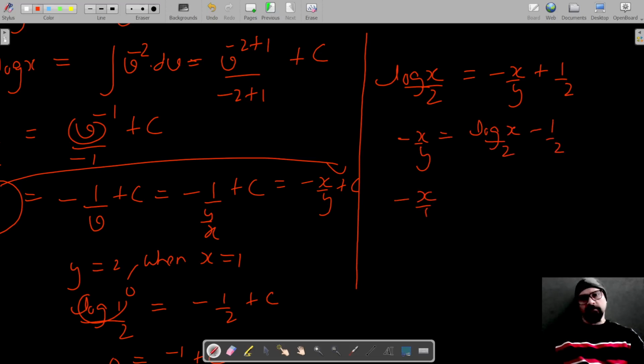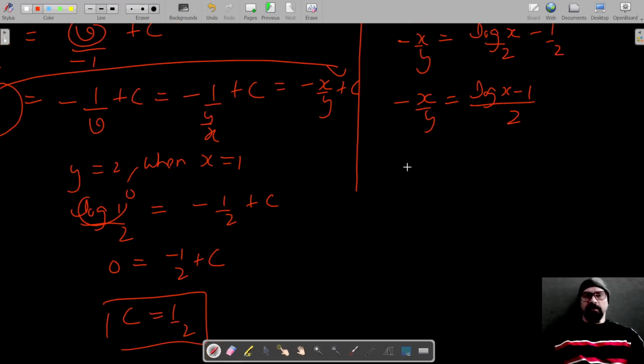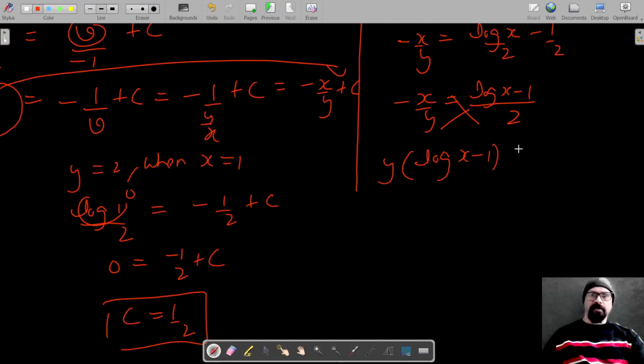So negative x by y is equal to log x minus 1 upon 2. Okay, now let's cross multiply this. So y into log x minus 1 is equal to negative 2x.